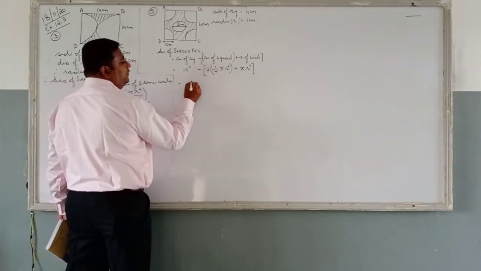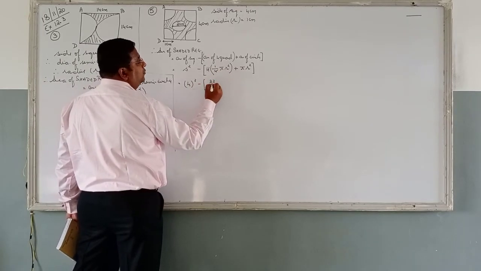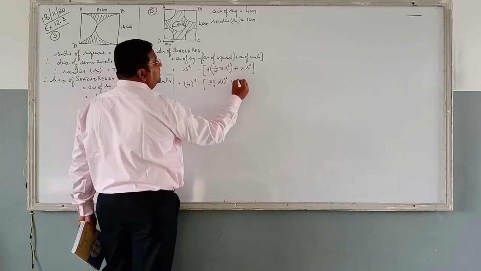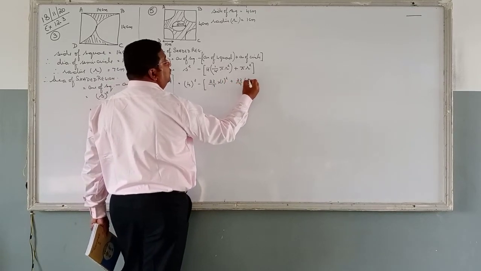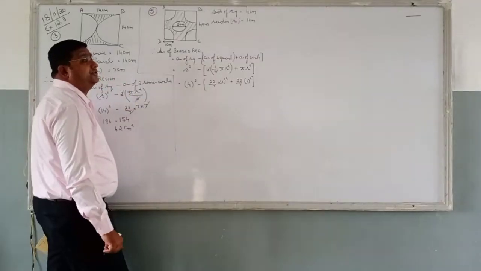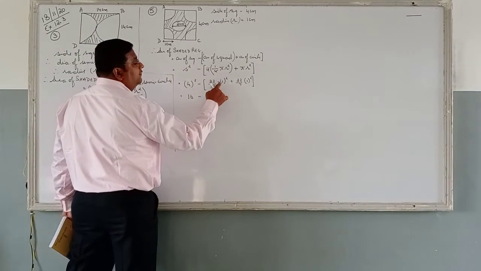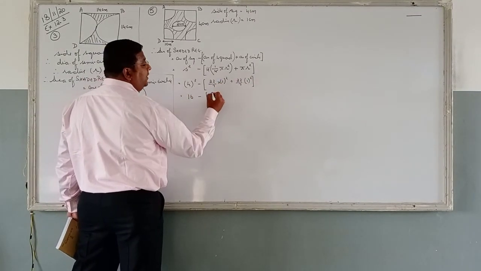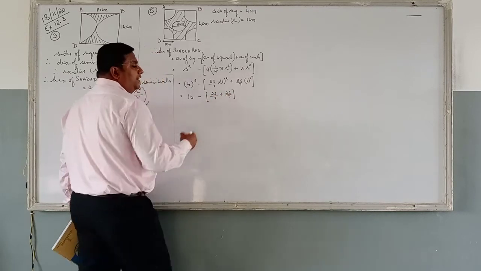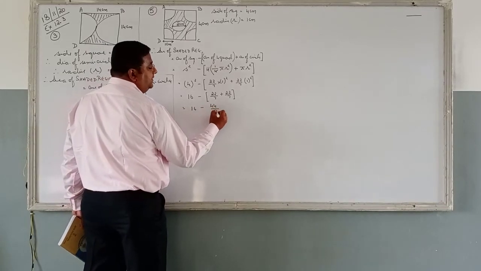So s square, 4 square, minus pi r square, 22 by 7 into r square, 1 square, plus 22 by 7 into 1 square. Can you see that? Simple calculation. There are a lot of calculations. 4 square 16, minus 1 square 1, 1 square 1, so 22 by 7 plus 22 by 7. Denominators are the same, we can add or subtract the numerators directly. 44 by 7.